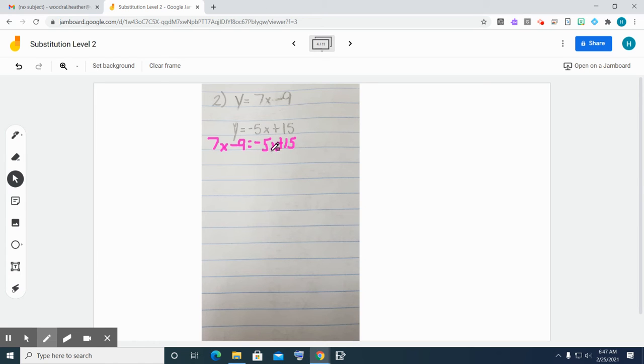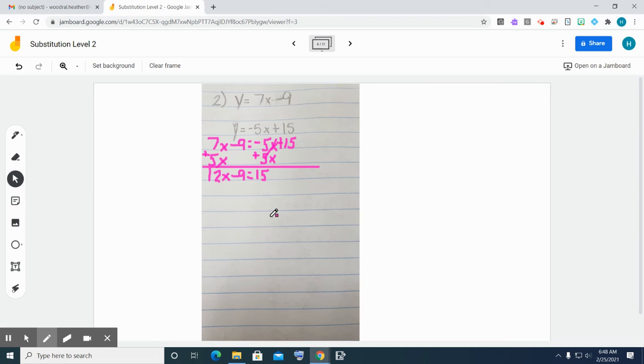Step 2 says we're going to move the variable. Again, I don't like messing with negatives, so I'm going to add 5x to both sides. That gets rid of the negatives completely. So that cancels, leaving me with 12x minus 9 is equal to 15.